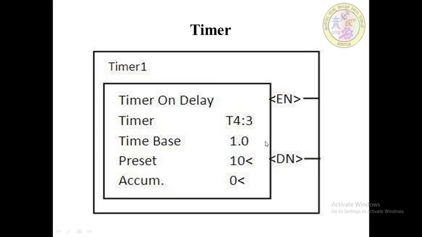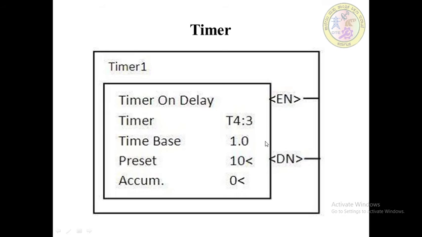The accumulated value is reset when the rung condition fails, regardless of whether the timer has timed out. Time base is the amount of time after which the accumulator increases its value by 1. So this is a very important concept, the timer. We need to understand it very thoroughly as far as the programmable logic controller is concerned.